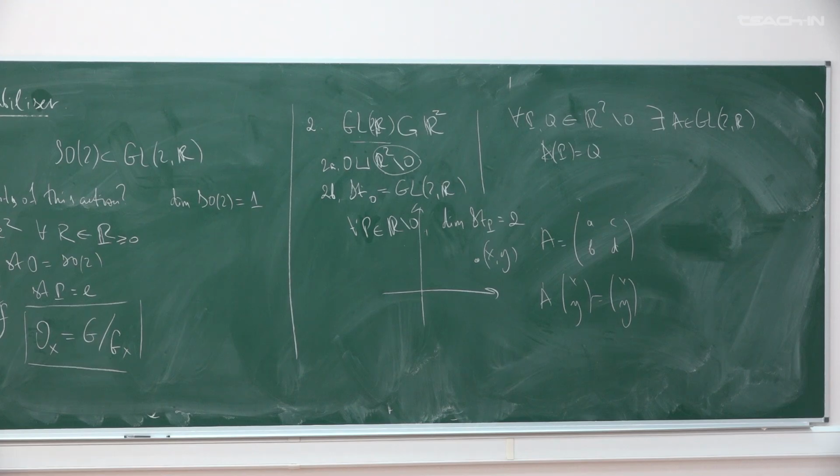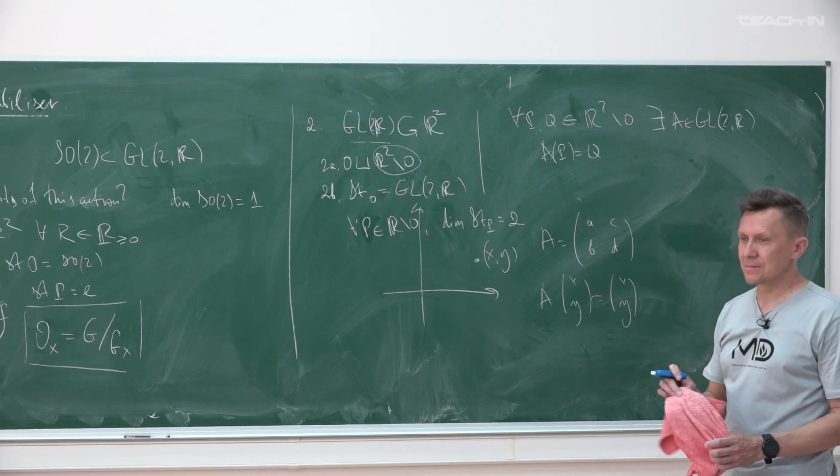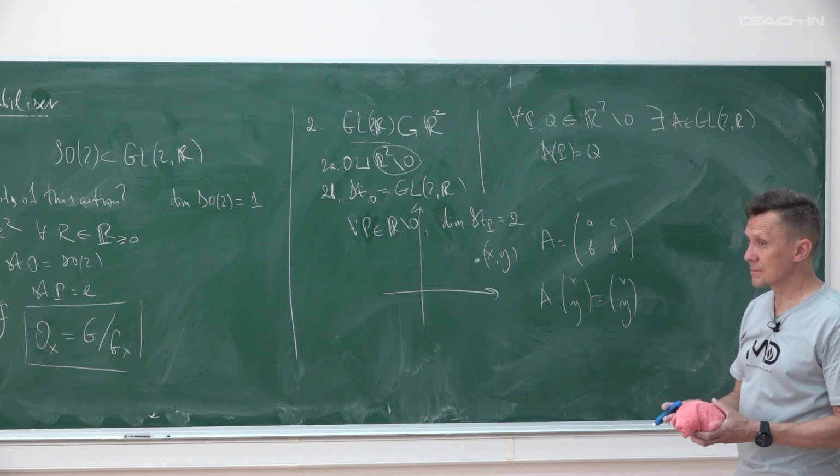What do we need to prove? That there are only two orbits like these.